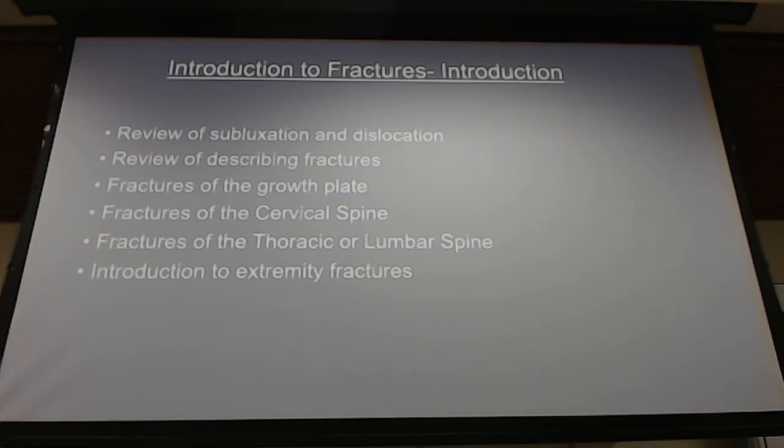Is that true? I see some people say no, and some people say yes. If you forget all the discussions you had on Salter-Harris fractures, rings a bell? All right. We'll talk about some fractures of the C-spine, T-spine, and lumbar spine, and then we'll get into some extremity fractures.